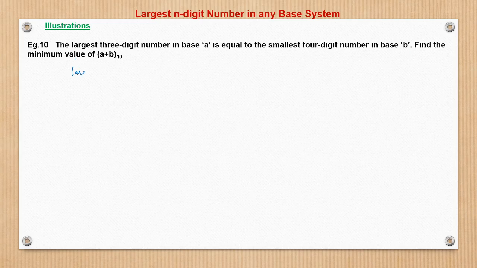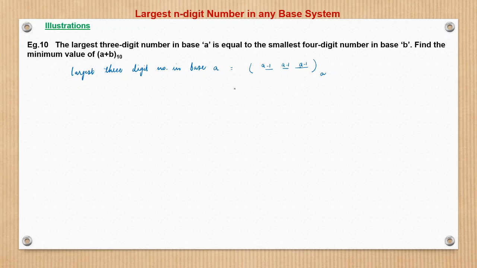So the largest 3-digit number in base A, what would it be? It would be, since the base is A, all the digits would be A minus 1, A minus 1 and A minus 1, right?